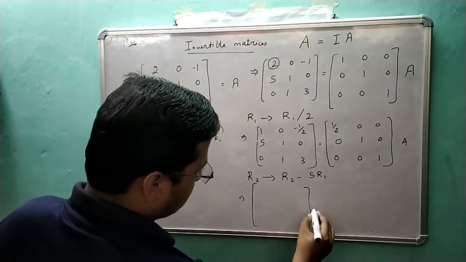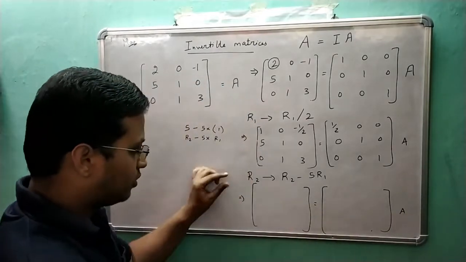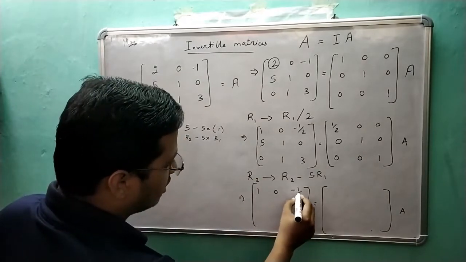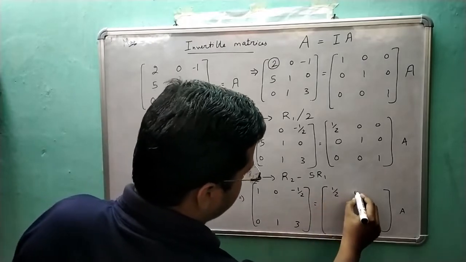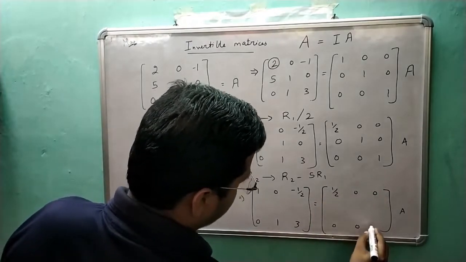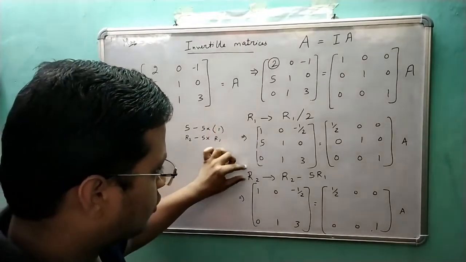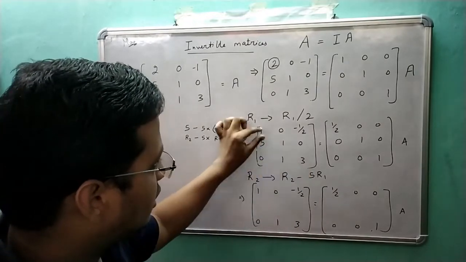So the matrix will become, now since we are changing R2, R1 and R3 will be the same. So just write that beforehand: half 0 0, and 0 0 1. Now in R2 we have 5. So 5 will change to 5 minus 5 into 1.